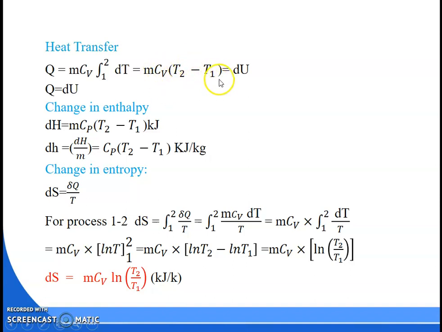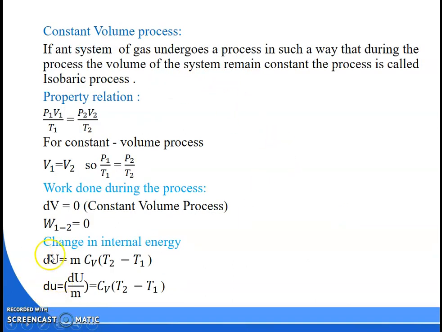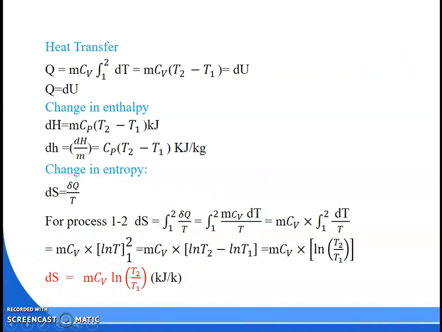So mCv into T2 minus T1 is the formula for change in internal energy. So for a constant volume process, heat transfer is equal to change in internal energy. For a constant pressure process, heat transfer is equal to change in enthalpy. Here it is change in internal energy.